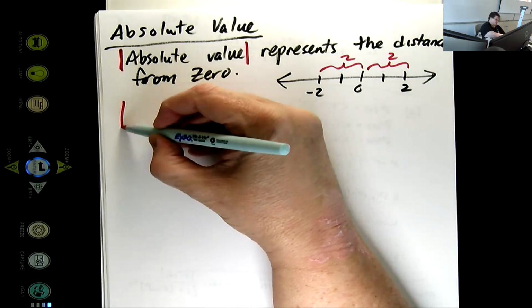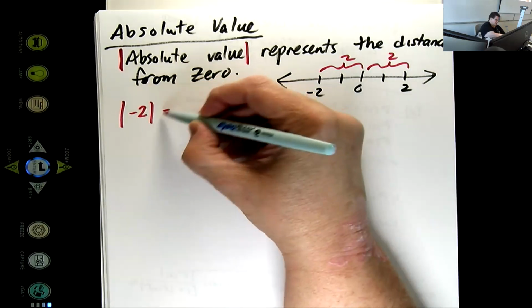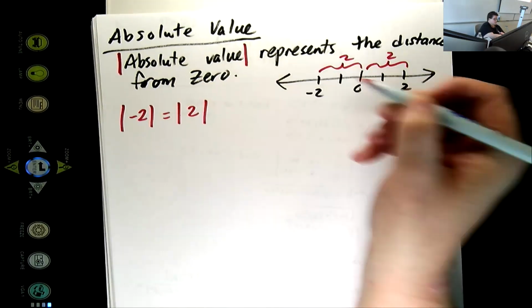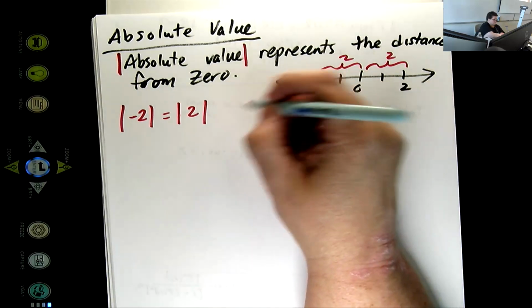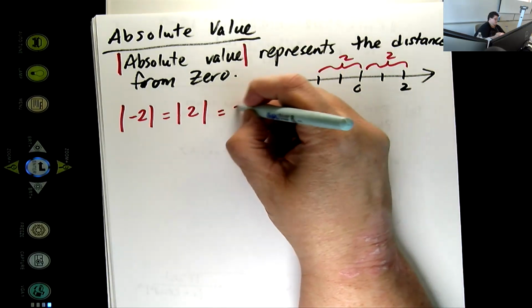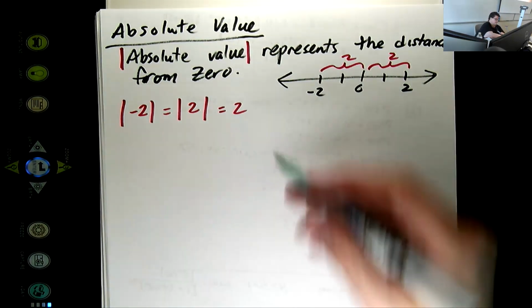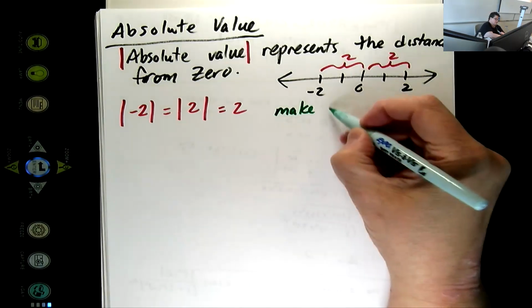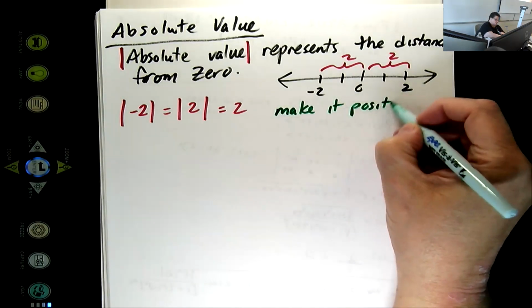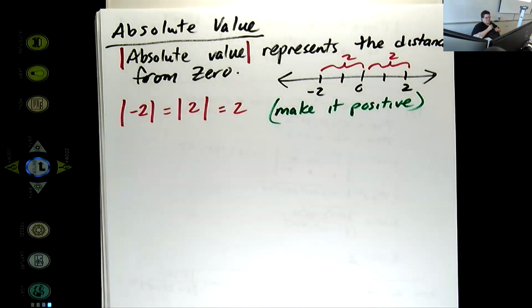So the absolute value of -2 is the same thing as the absolute value of 2, which is 2. Now, what most of you will just remember is make it positive. That's what it boils down to, but it is the distance from 0. Distance is non-negative.